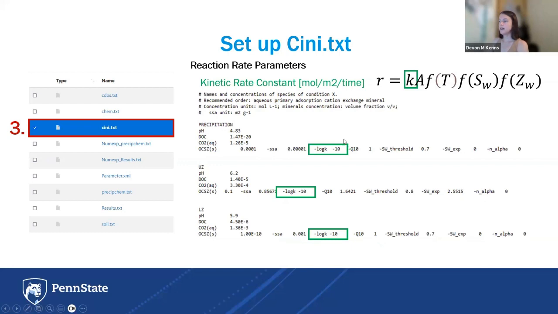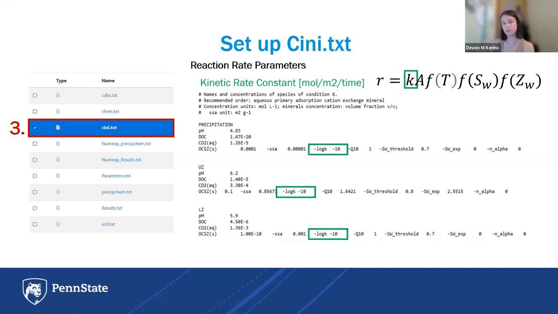The next value we specify in our reaction rate parameters is the kinetic rate constant. So this is listed in the database, and even though it is listed in the database, we do specify it in our initial condition files. The number listed in the database tends to be a more traditional literature value.